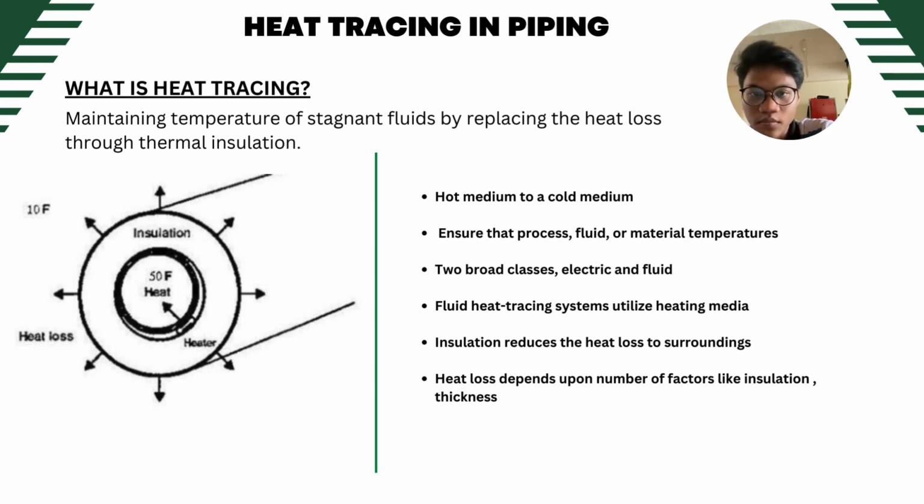It can be divided into two broad classes, which are electric and fluid. Fluid heat tracing systems utilize heating media at an elevated temperature to transfer heat to a pipeline.